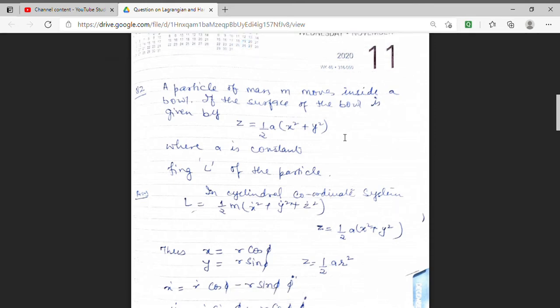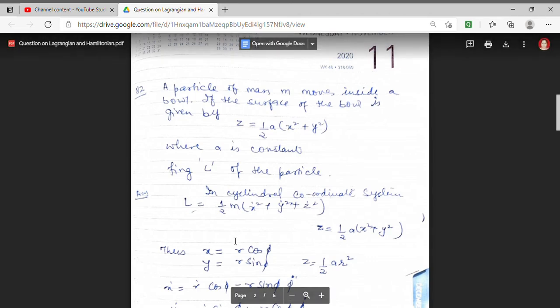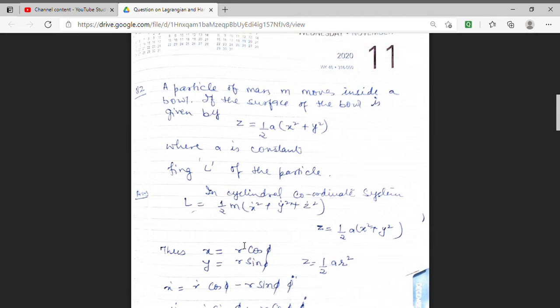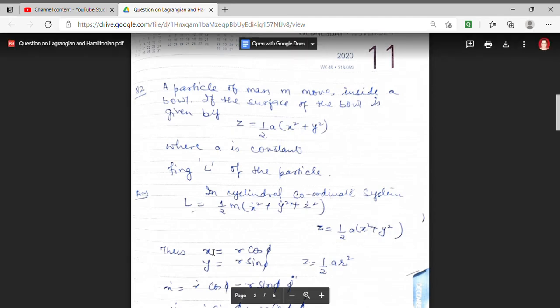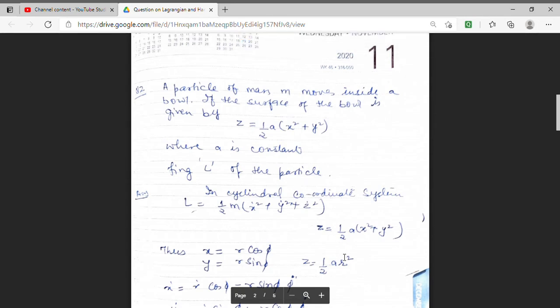As the coordinates are cylindrical, we can express x as r cos phi, y as r sin phi, and z, which is given as half a (x square plus y square). x square plus y square can be expressed from these equations as r square.